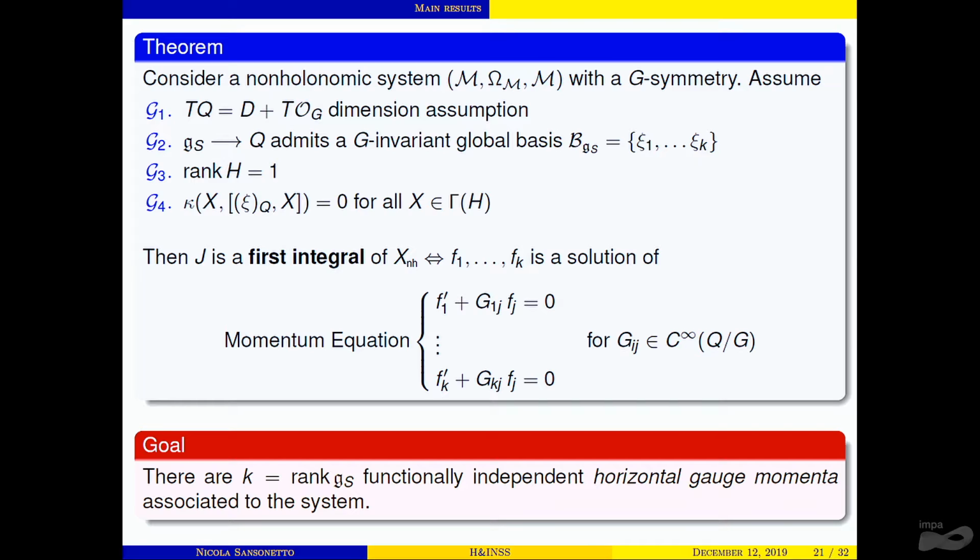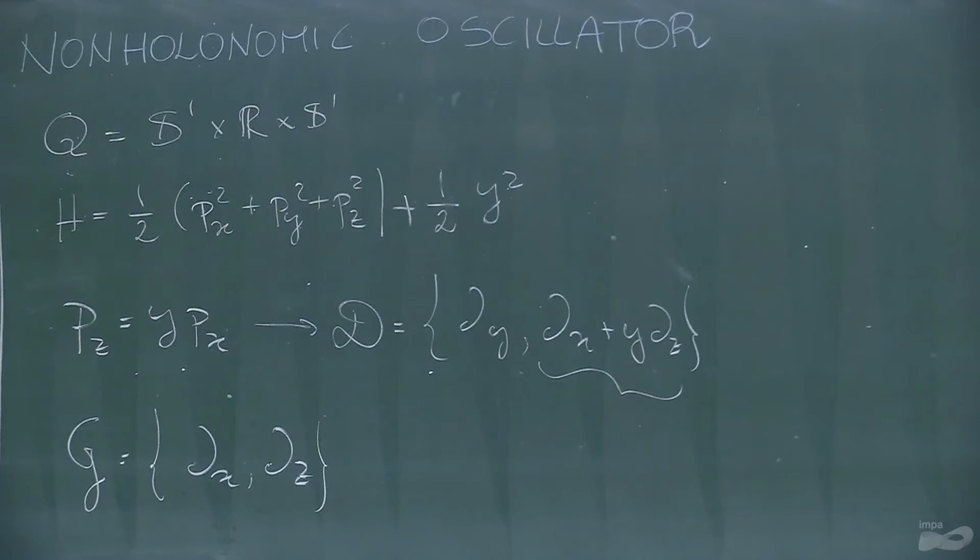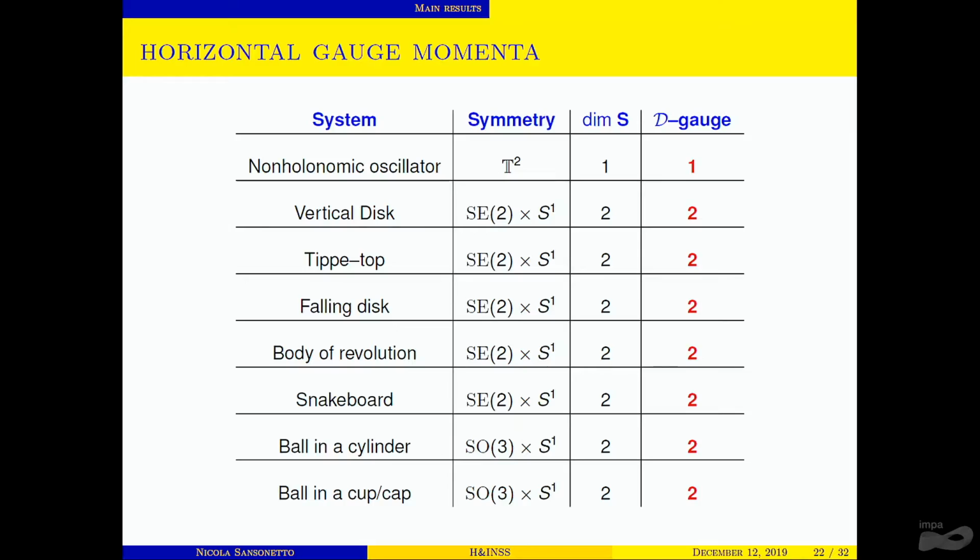Okay, one may also ask, you have so many hypotheses that apart from this toy example, it is impossible to have them. Well, it is not true, and here there is a list of examples. I want to mention them. Okay, this is my toy example because all the computations are explicit.